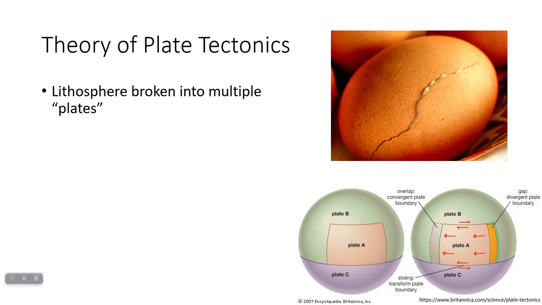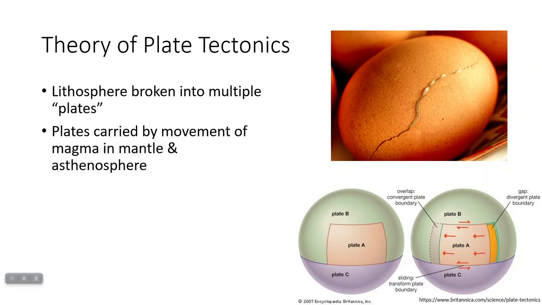So the lithosphere, which is that solid kind of outer crust, that solid rock, is broken into multiple plates, kind of like the picture I have here of an egg, where if you have an egg that's been hard boiled and it's cracked, if you had an egg with many cracks, that would be kind of like the surface of the earth.